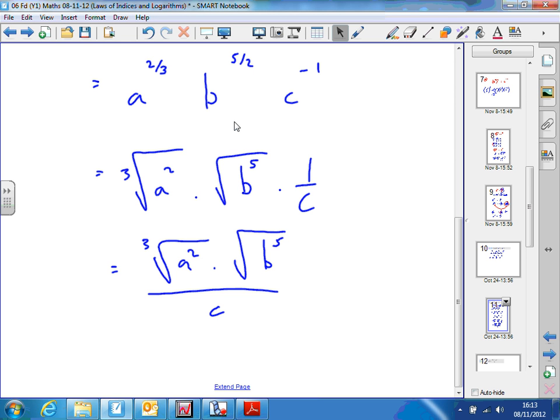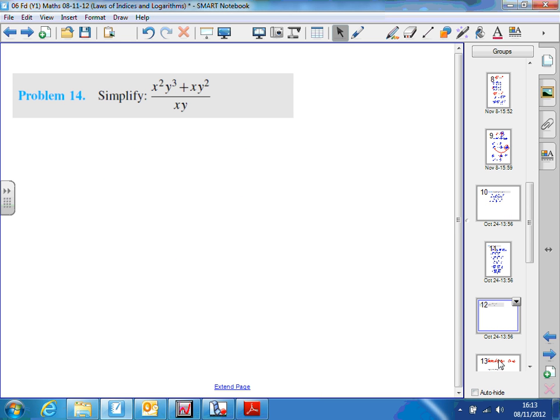Last example before I let you have a go at some. Something like this to simplify. We use the fact that if I've got a fraction, 2 plus 3 over 6, for example, that's 5/6. I can write this as 2/6 plus 3/6.